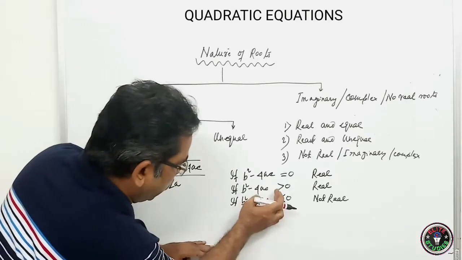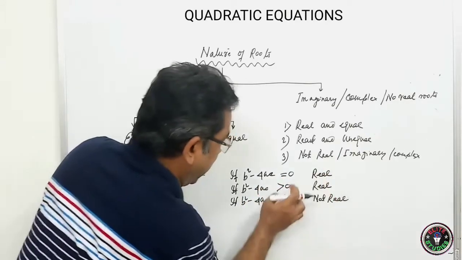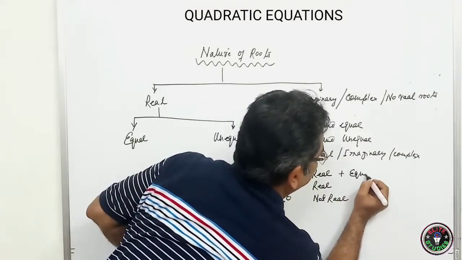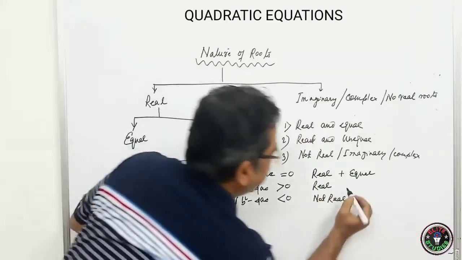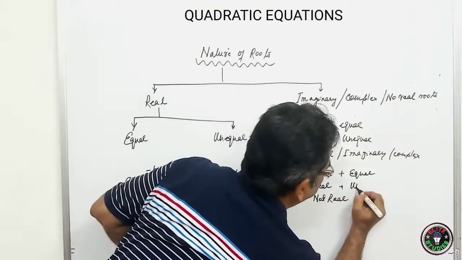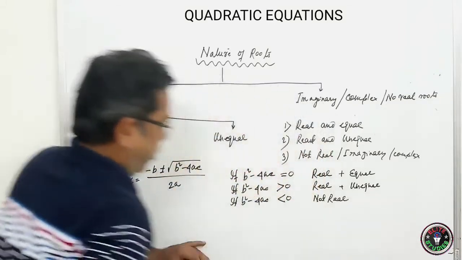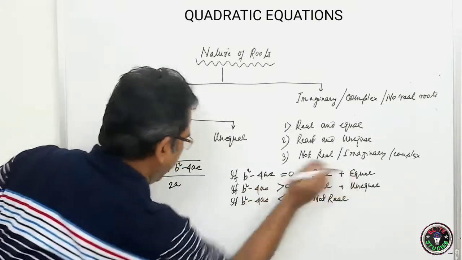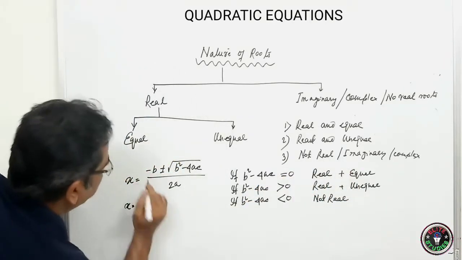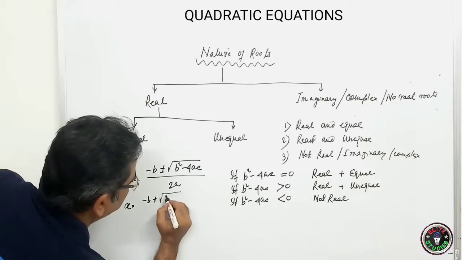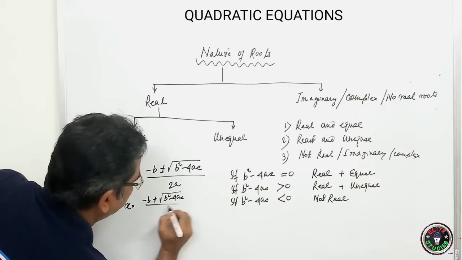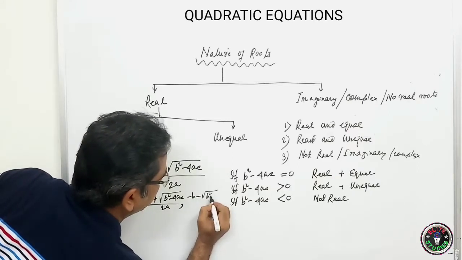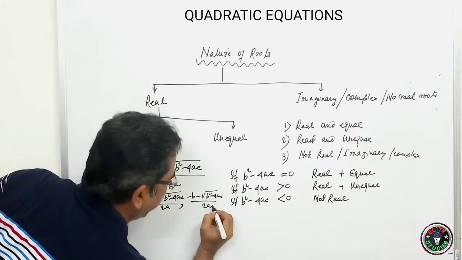Now if it is equal to 0 or greater than 0, then it will be real. If it is equal to 0, it will be real and equal. And in this case, it will be real and unequal. You will see why. Because there are two roots here. One is minus b plus root over of b square minus 4ac by 2a, and another will be minus b minus root over of b square minus 4ac by 2a.